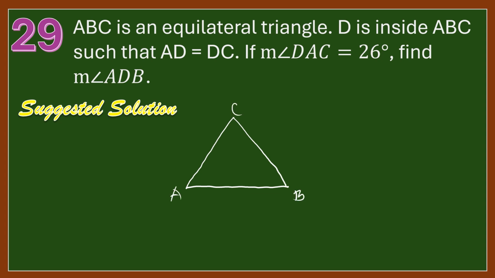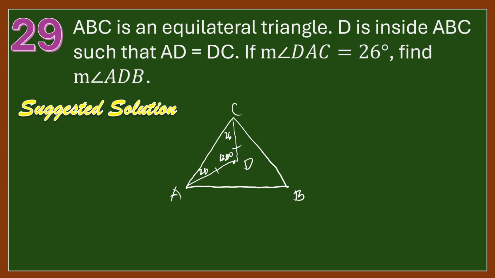Then we have point D such that AD is equal to DC. And then angle DAC is 26. Since AD is equal to DC, angle ACD is also 26. That makes angle ADC equal to 180 minus 26 times 2, that is 52. Then angle ADC is 128 degrees.